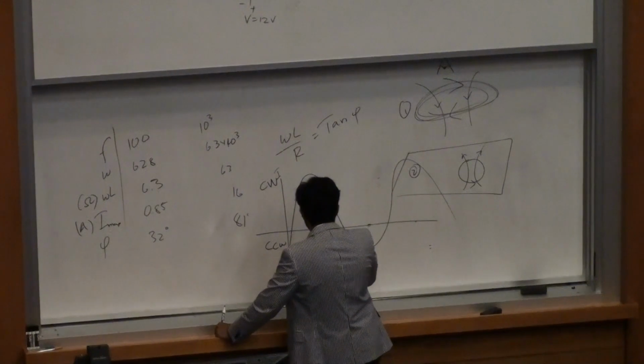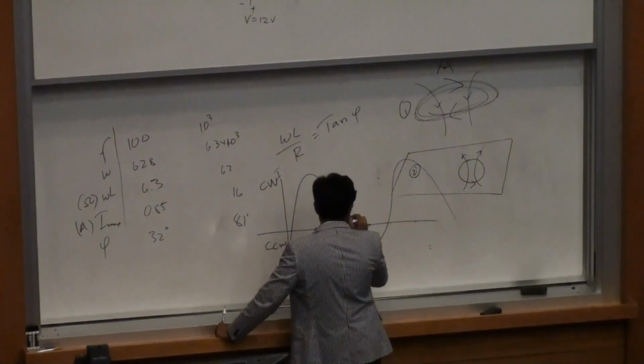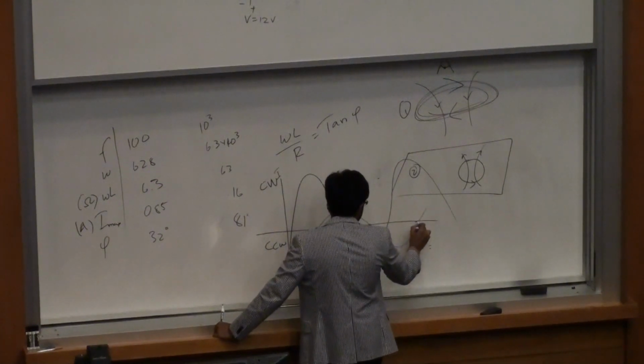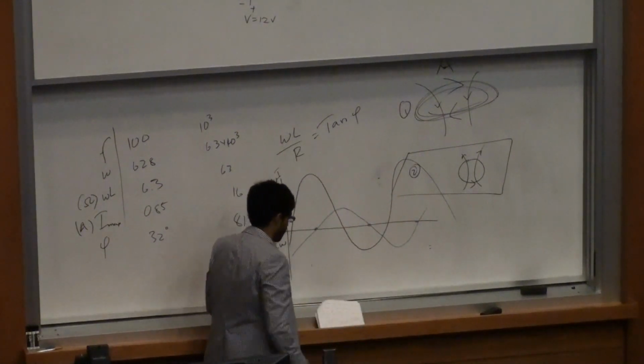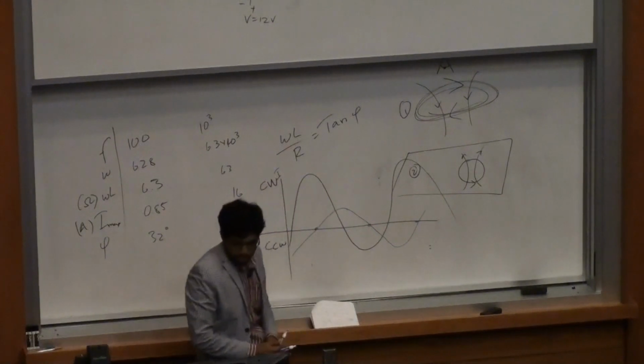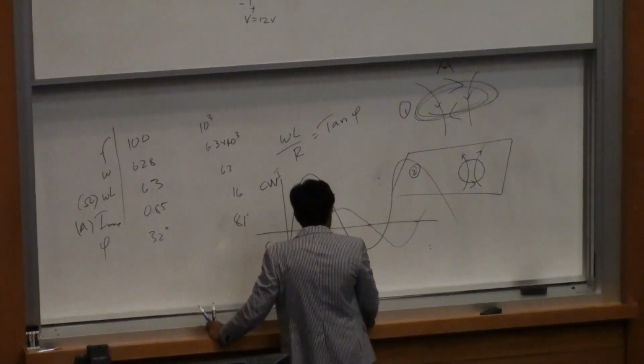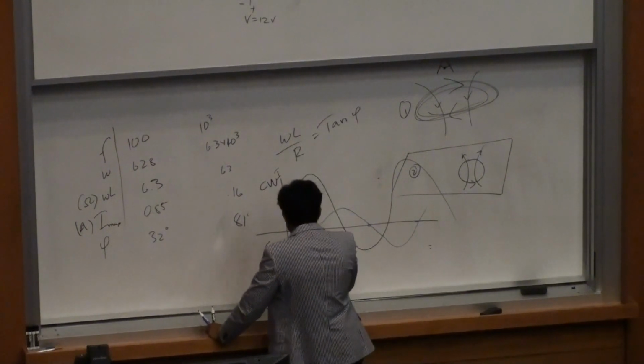So the phase shift between these two is 90 degrees. Now the induced current would have to follow something along this way.